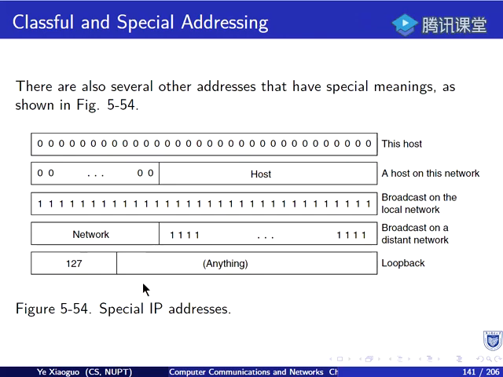For example, usually we can ping 127.0.0.1. You can ping your local machine, and it is usually successful.